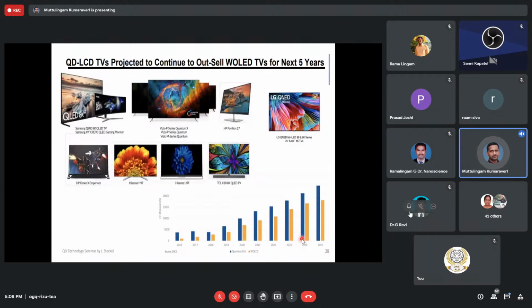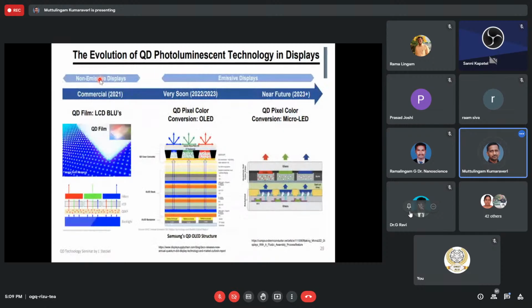The QD LCD TV is a very mature product, and they are still leading the market, because the cost of producing is less compared to OLED TV, and you can also get saturated colors easily from the QD LCD TV, which uses only the quantum dot enhanced film, a photoluminescence quantum dot product.